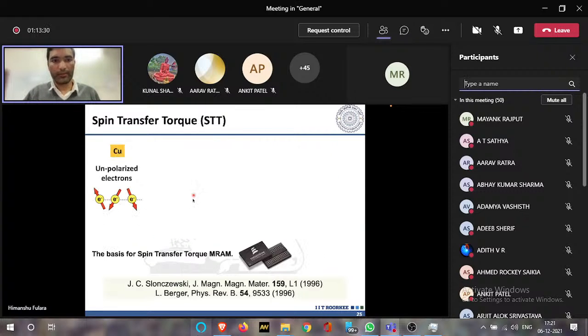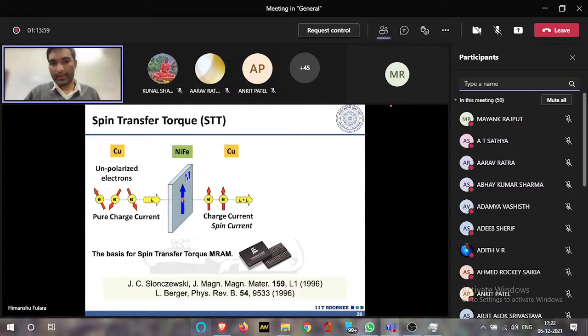Experimentally, we have unpolarized electrons from a copper material. Copper is basically a metal. In unpolarized electrons you have spin up electrons and spin down electrons, and they form a charge current. When these unpolarized electrons pass through a ferromagnetic material, which is nickel iron here, with a magnetization oriented along a particular direction, they become spin polarized.